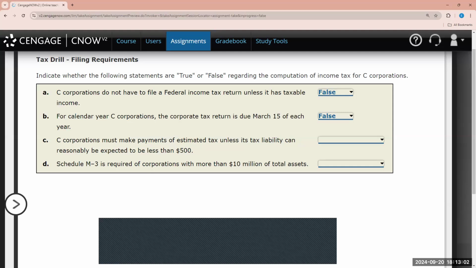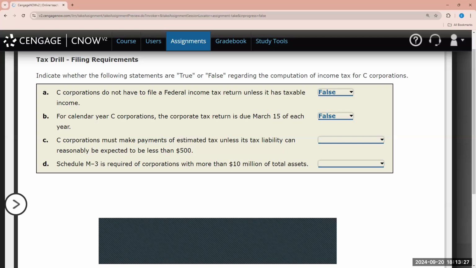These payments will be made in 4 installments due on or before the 15th day of the 4th, 6th, 9th, and 12th months of the corporate taxable year. So that's April 15th, June 15th, September 15th, and December 15th of the corporate taxable year. And the full amount of the unpaid tax is due on the date of the return.